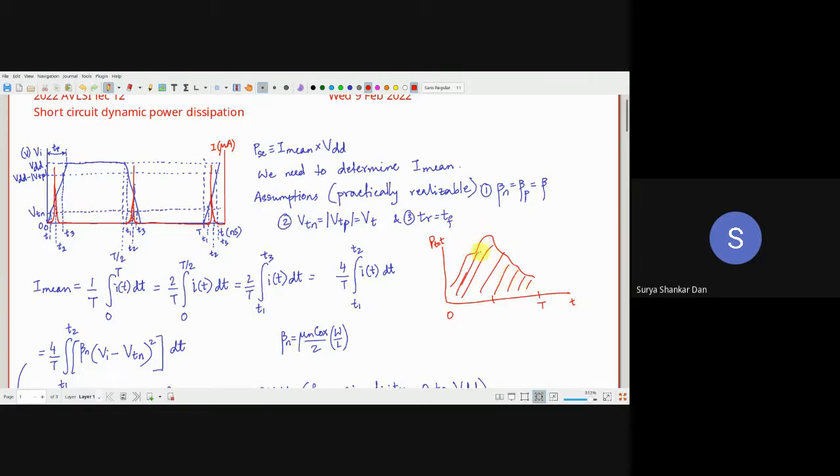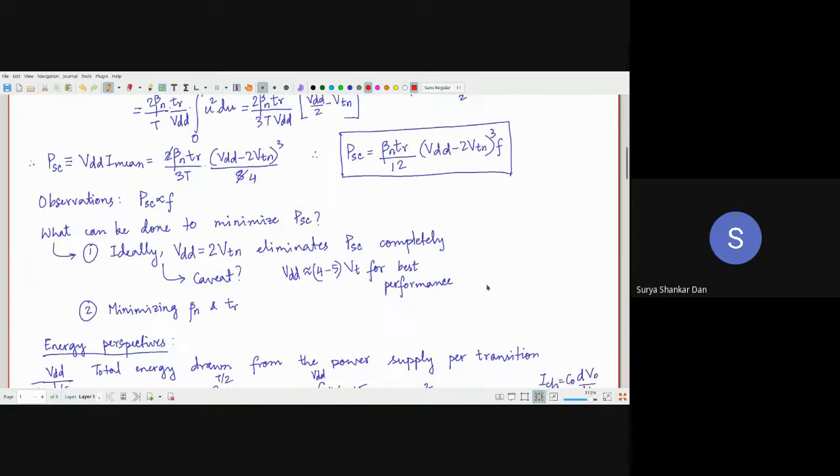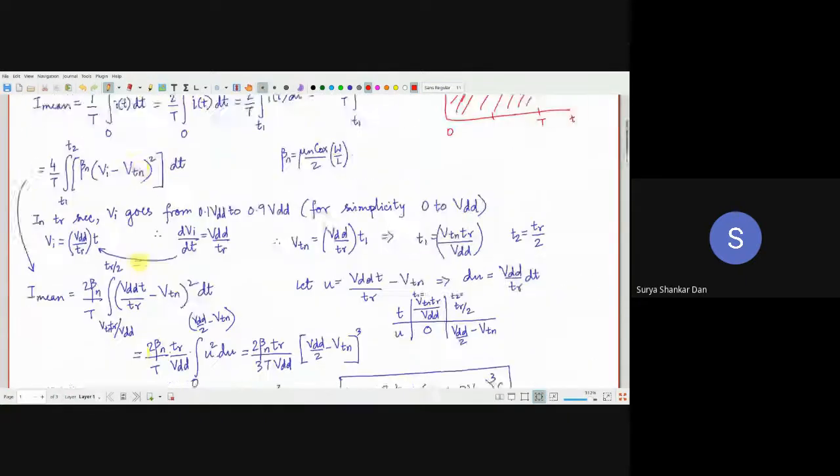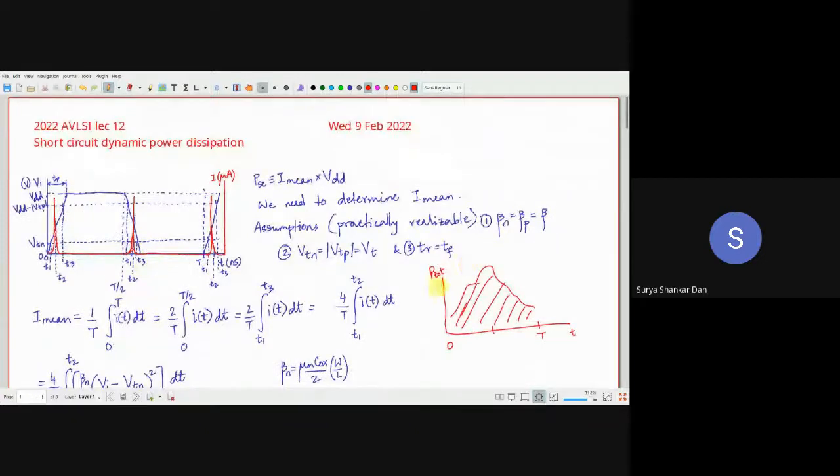So what is the area under the curve? Power multiplied by the time. Power into time is how much? Is what? Energy. Okay, so that is what I mean by saying it is the energy perspectives. So the actual performance matrix of the circuit is essentially represented by the energy perspective rather than just representing the power perspective.